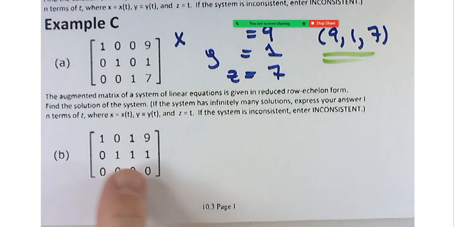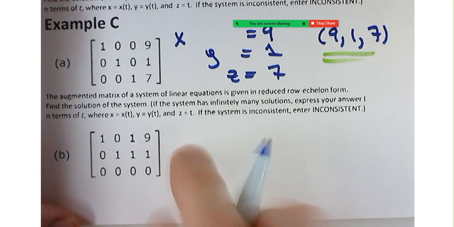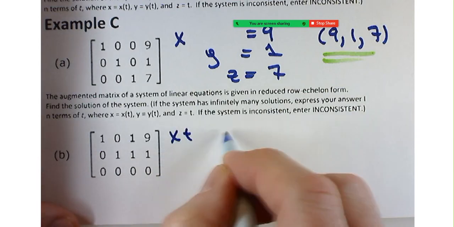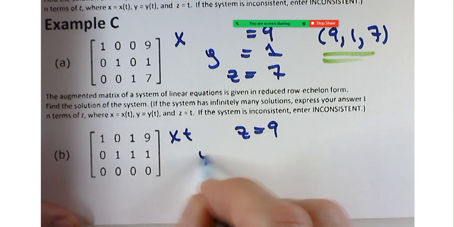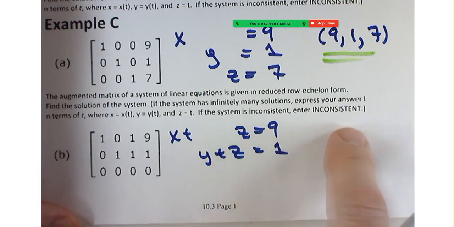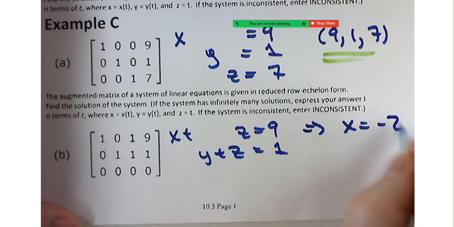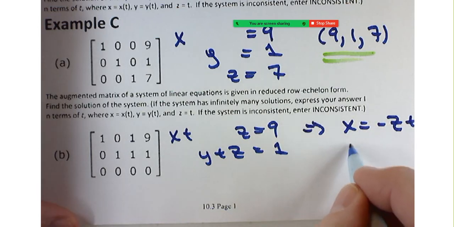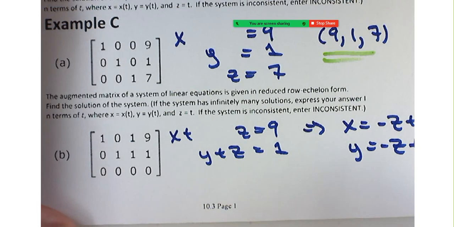Let's come down to the second part of example C here. It's kind of like example B in a little bit of a way. This first row means x plus 0y, which I'll skip, plus z equals 9, and then y plus z equals 1. If I move the z to the other side, I get x equals negative z plus 9, y equals negative z plus 1, and then just z.